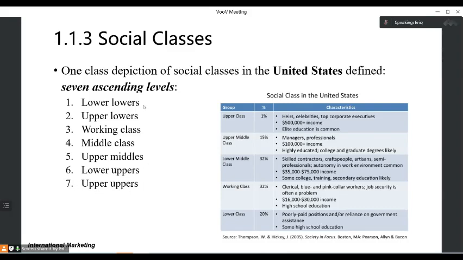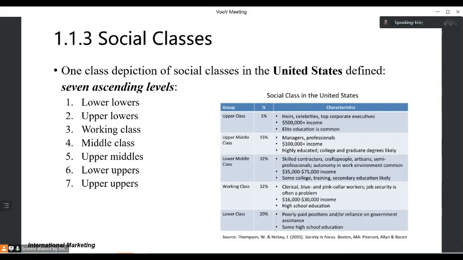There are 7 levels, just like a pyramid. Uppers is the top, and the next is the lower uppers, upper middle classes, working class, upper lowers, lower lowers. 7 levels.